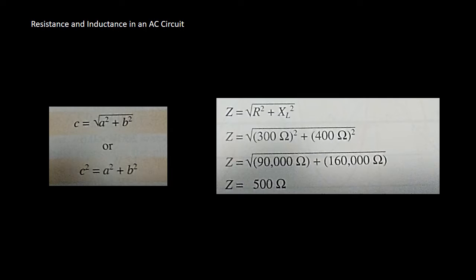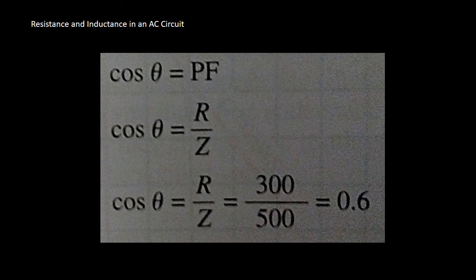The angle between the vector Z and the vector R is called the phase angle, theta. It represents the phase displacement between the current and voltage resulting from the reactive component. Since cosine theta equals the power factor, cosine theta equals R divided by Z, which equals 300 divided by 500, which equals 0.6.